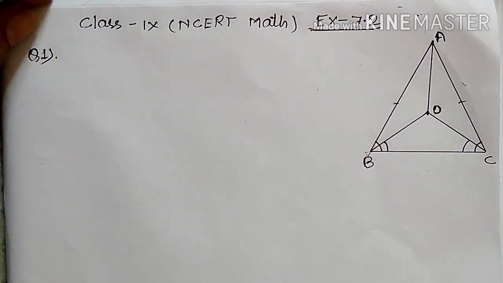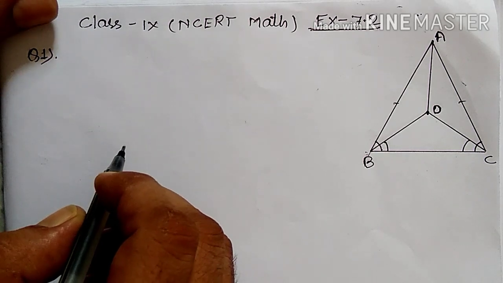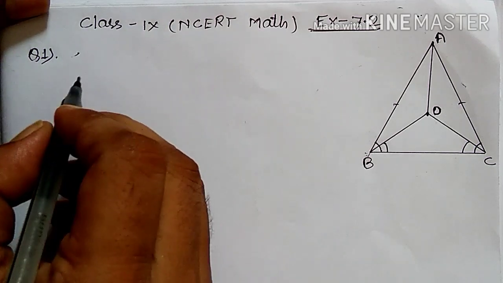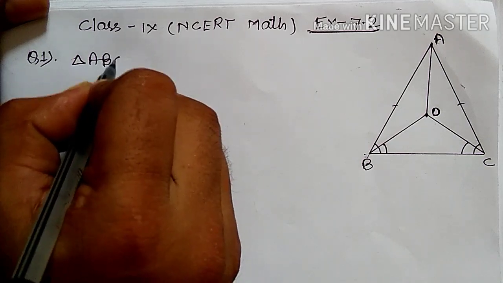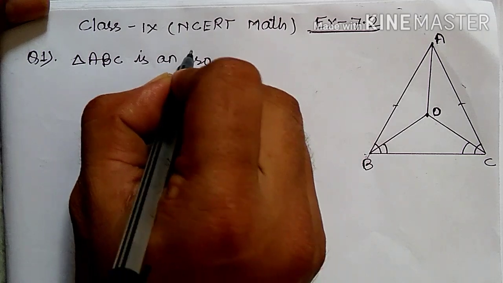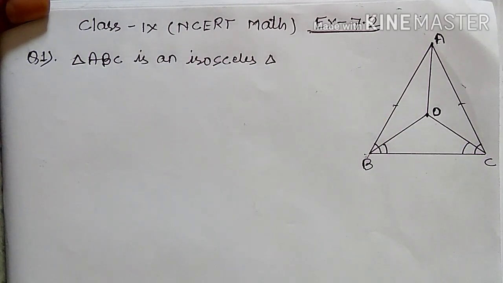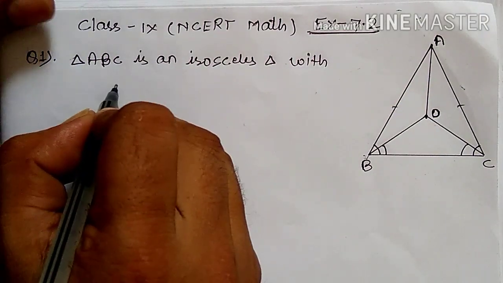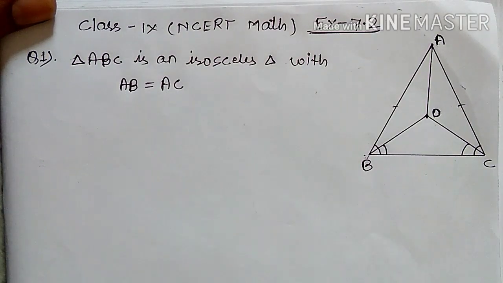Okay, so here triangle ABC is an isosceles triangle with AB equal to AC.